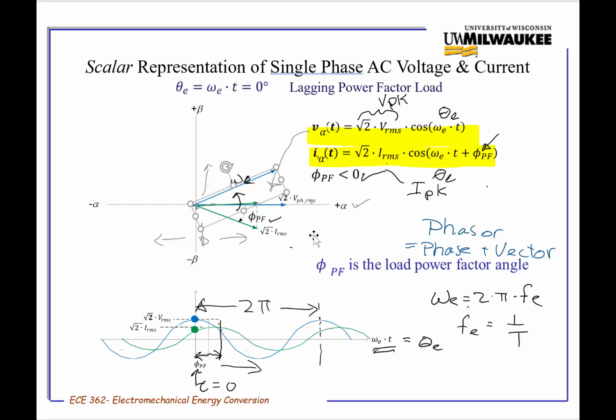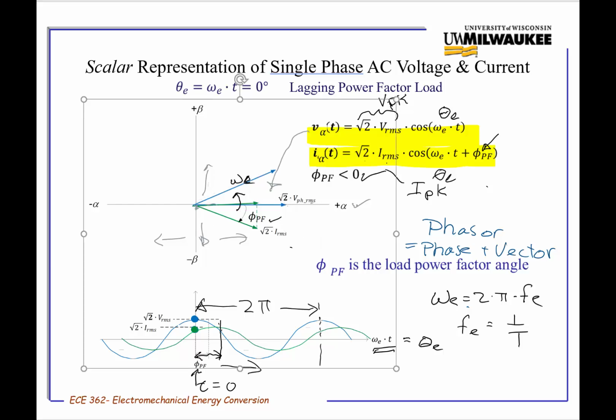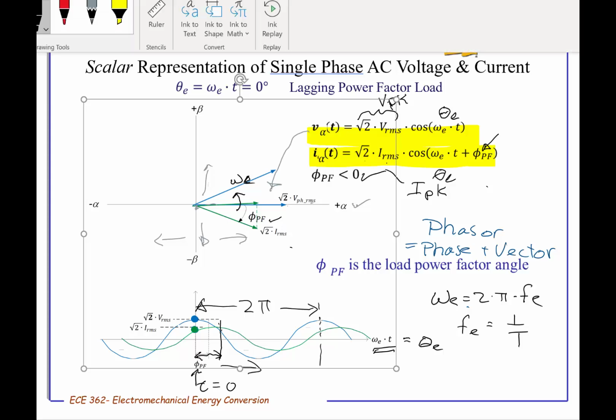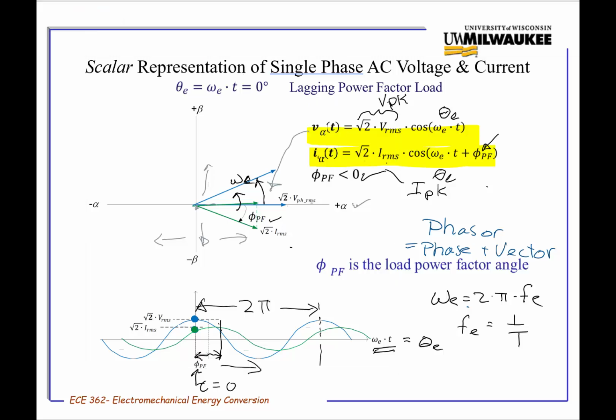So you can imagine that these two phasors are moving at a constant rate, and I'm going to show you. For example, I've just moved them and frozen them in time at a different position, and this position is theta e. That is a position in time, and it actually will represent a scalar voltage and a scalar current point at that point in time.